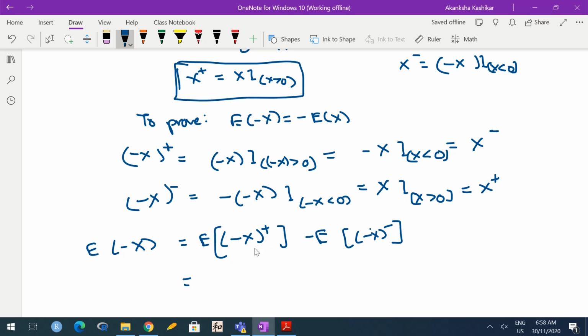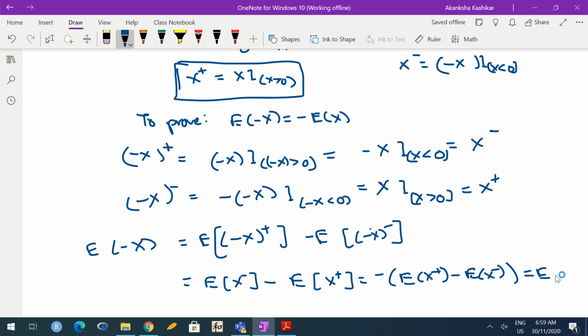We just saw that the positive part of minus x is nothing but the negative part of the original x, and the negative part of minus x is the positive part of the original x. So if I take the minus sign common, this is expected x plus minus expected x minus. So this is expected x, of course with a negative sign, which we have already taken common. Hence we have proved that expectation of minus x is minus expectation of x.